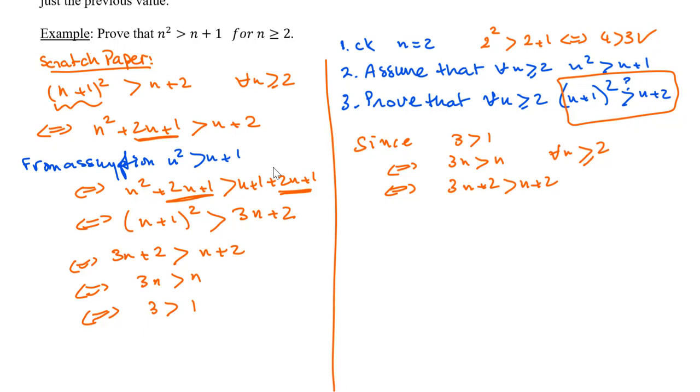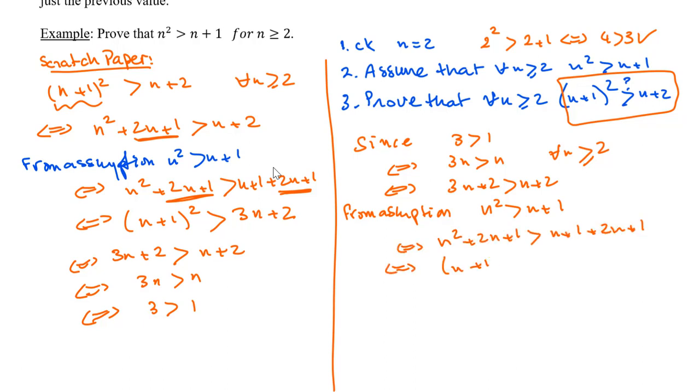So this is what we have. And then I'm going to say from the assumption, where we have n squared is greater than n plus 1, if I add 2n plus 1 to both sides, we end up with n plus 1 quantity squared greater than 3n plus 2.